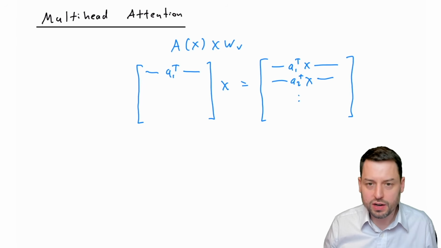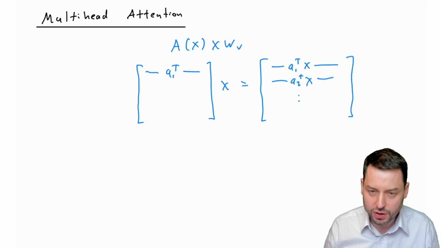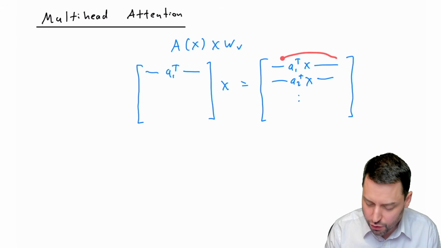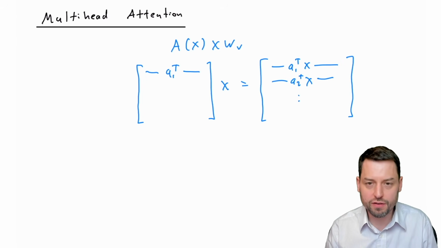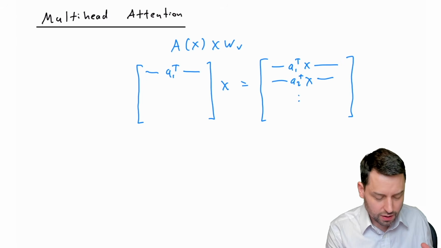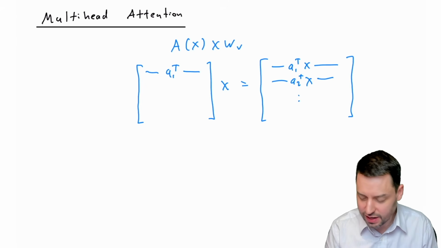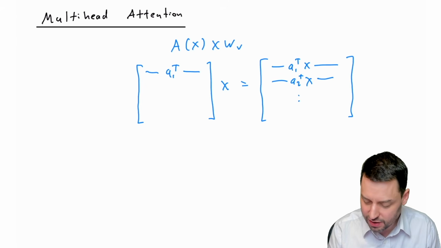Ideally, we would want different components of the output to potentially be mixed together in different ways. So even in the first row, we might want the first set of elements, the first, say, n elements in the row here to have one mixing. The next elements could have some other mixing, etc.